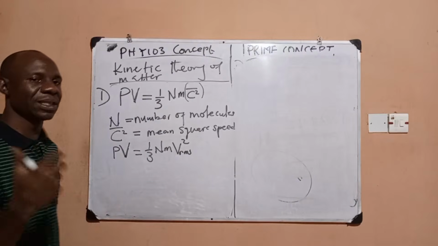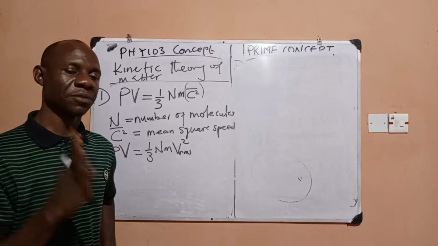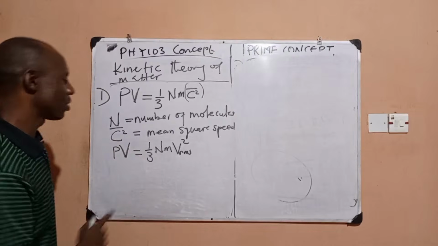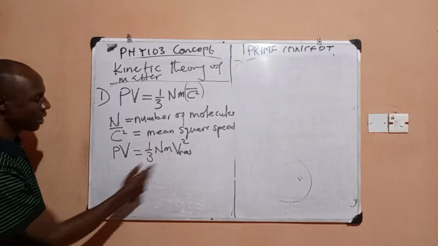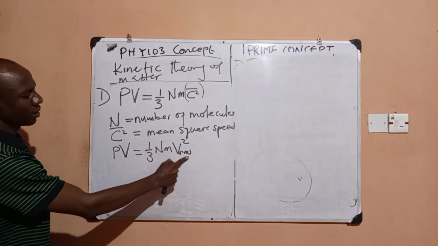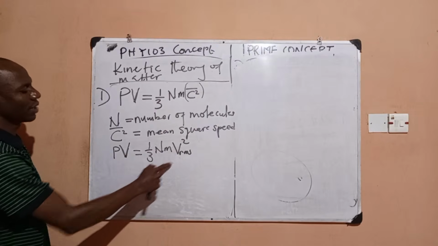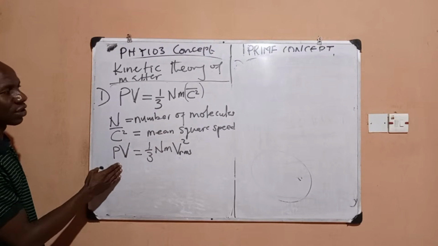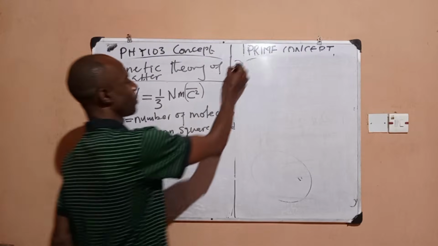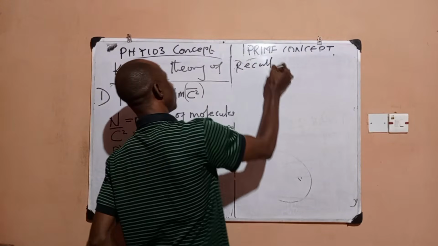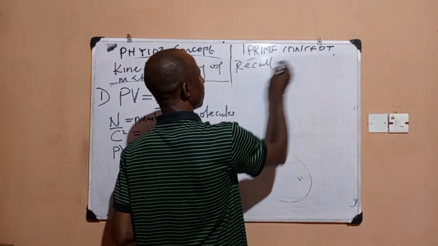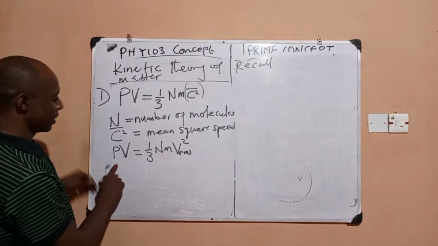I'm still going to tell you the different kinds of speed different molecules can have. I'm going to explain it, molecular speed. But if we want to obtain RMS speed, I can do some relationships here. You would recall that I can write this.